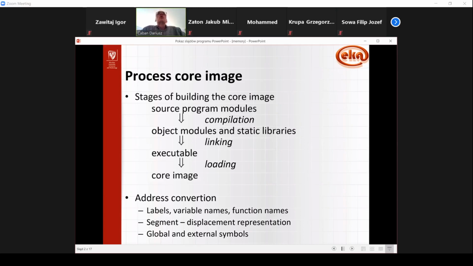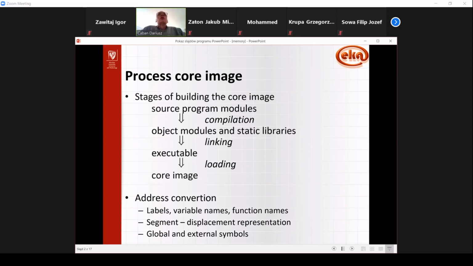You don't know where, so you cannot convert them. And because of that, such references to variables or functions outside the module are called external addresses. Whether we are discussing functions or variables at this point is not important. It's important that they are addresses in your code somewhere.